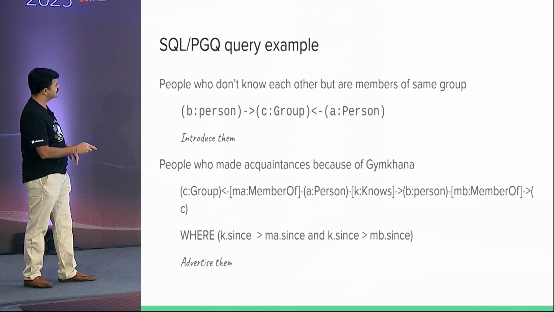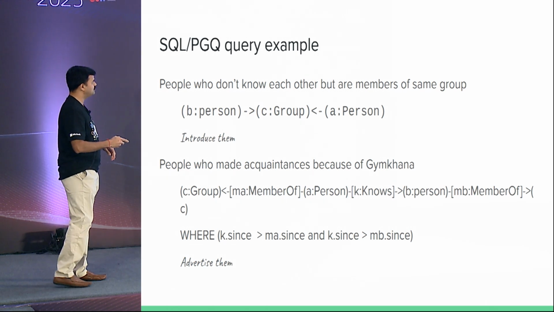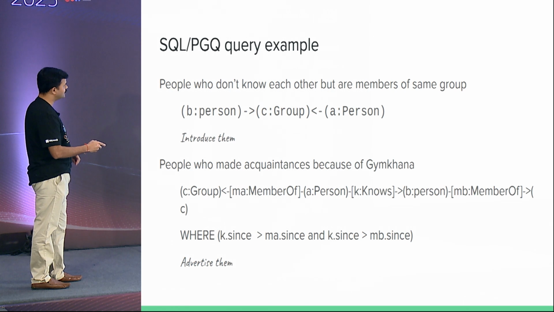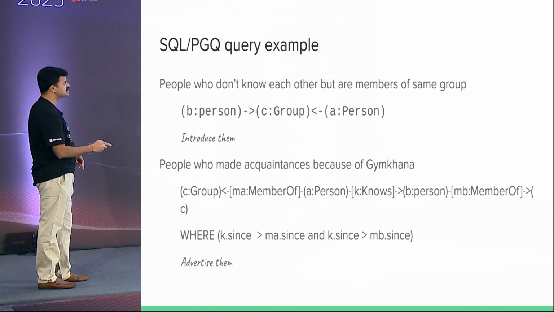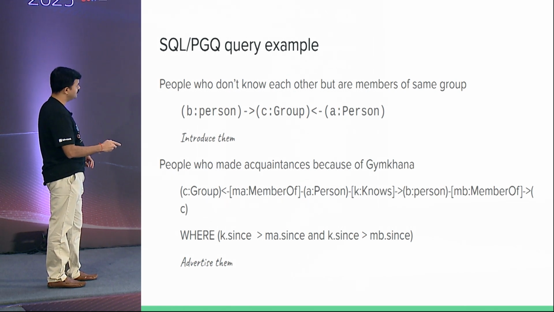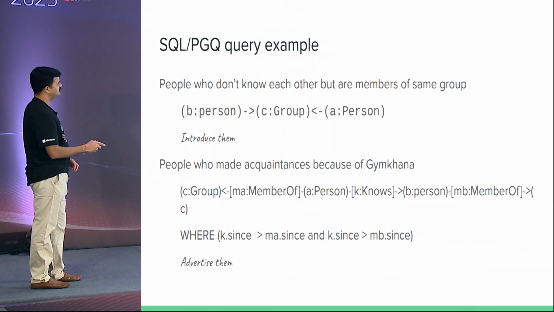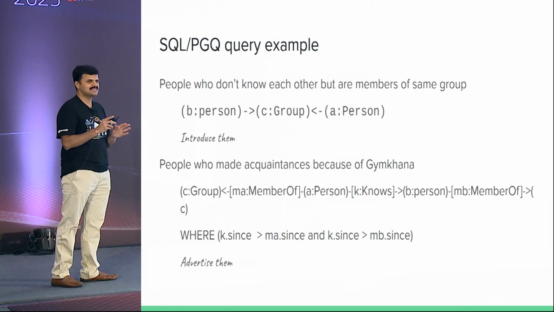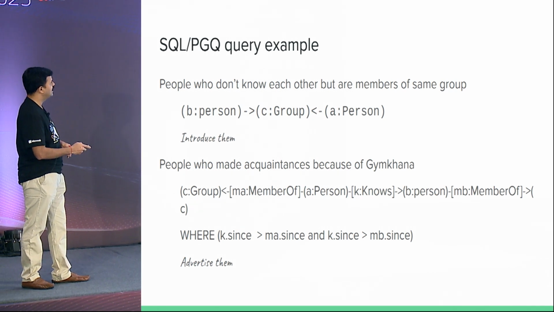And in this case, the first query is people who don't know each other but are members of the same group. So you say that I want a person B, which is connected to group C, and another person A, which is also connected to group C, the same group, but who do not have any connection between them. Now this I have simplified a bit. This last thing, that they do not have a connection between them, has a slightly complex structure, but let's simplify it for this presentation's sake.